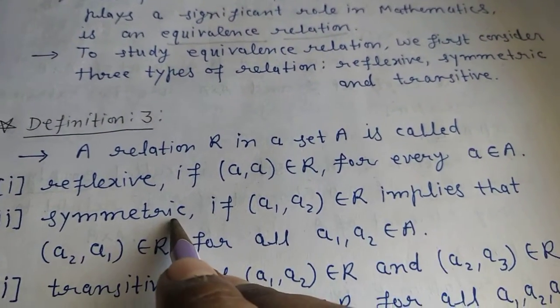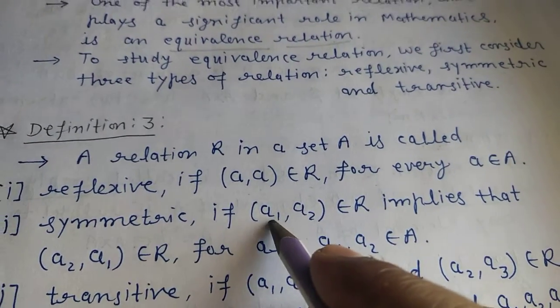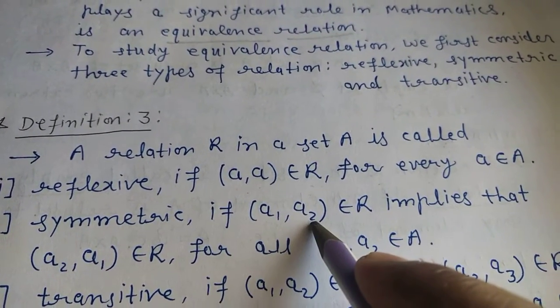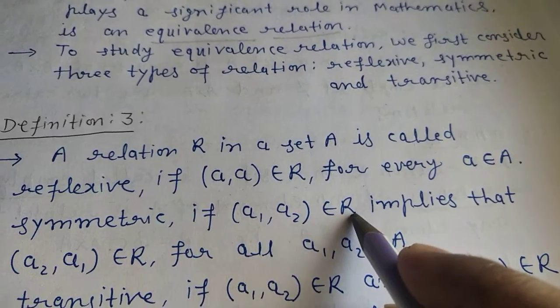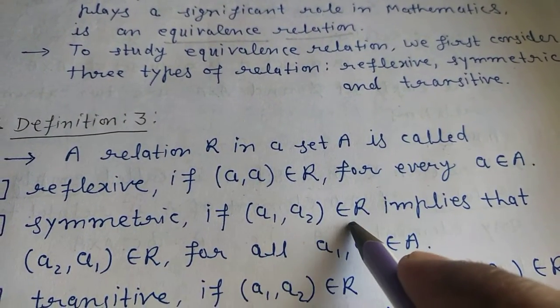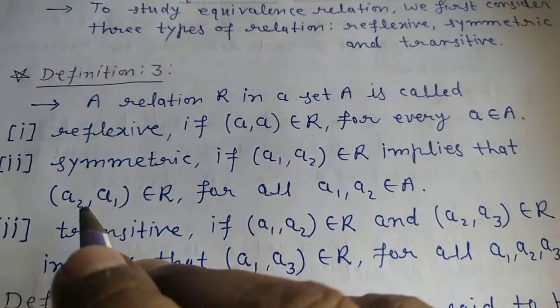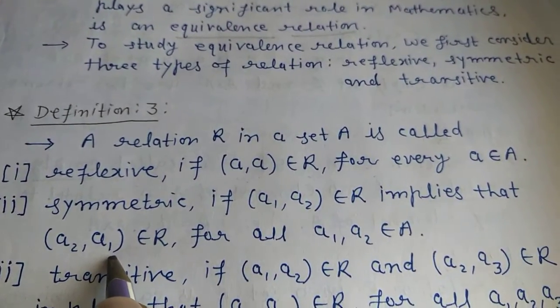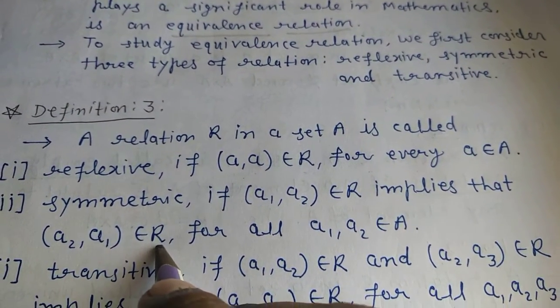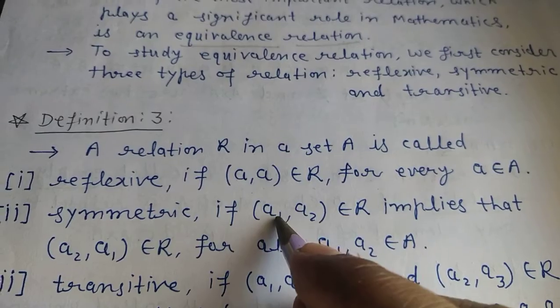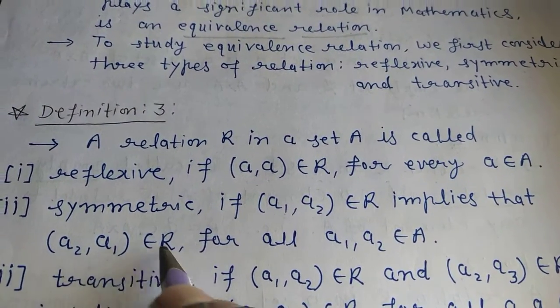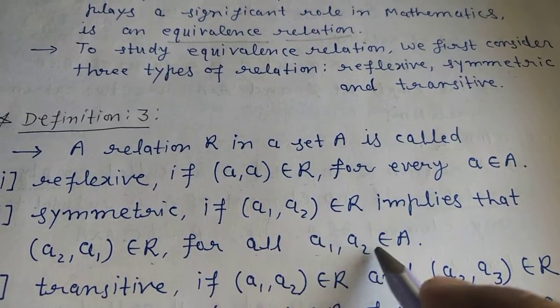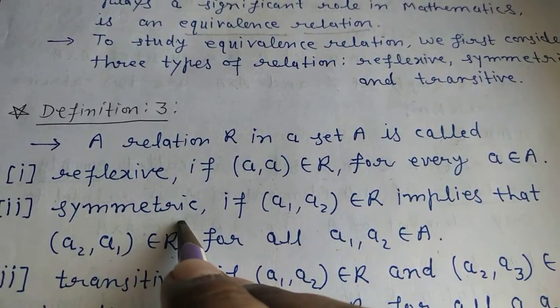What is symmetric? In symmetric we can take two objects. Suppose a1 and a2 are there. (a1, a2) belongs to R, that is a1 is related to a2, implies that (a2, a1) also belongs to R, that is a2 is related to a1, for all a1, a2 belongs to A. Then it is called symmetric.